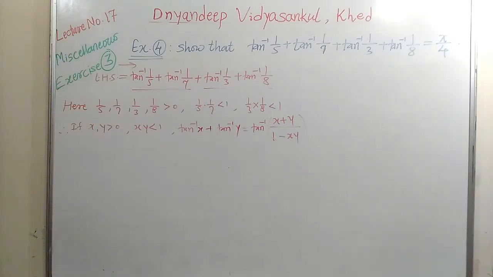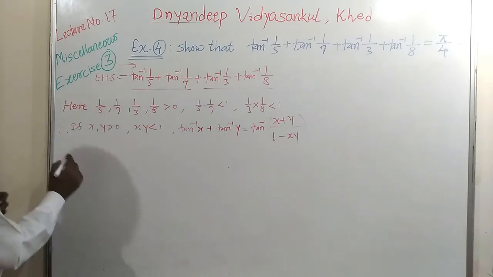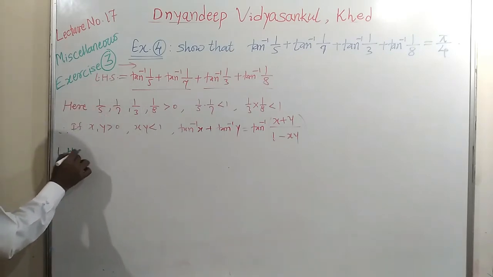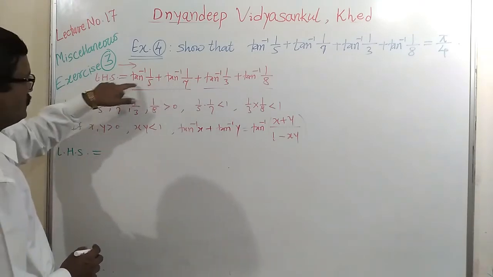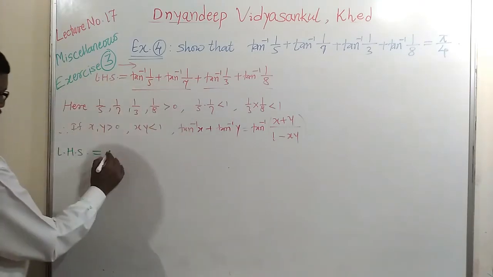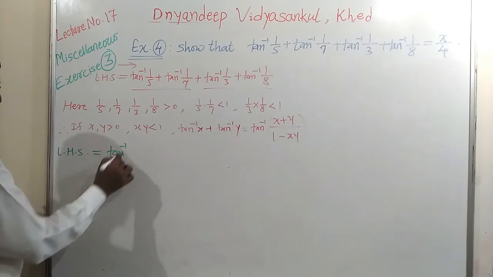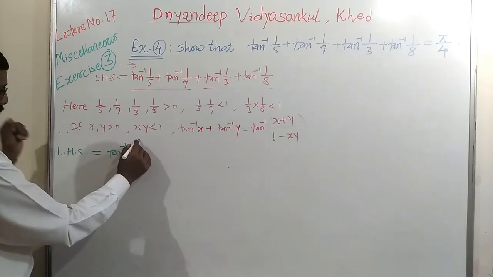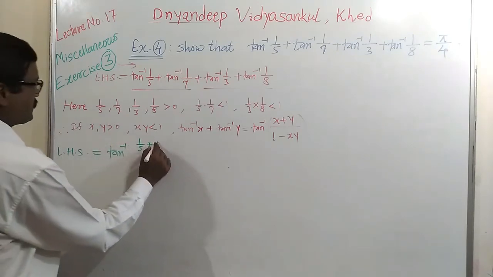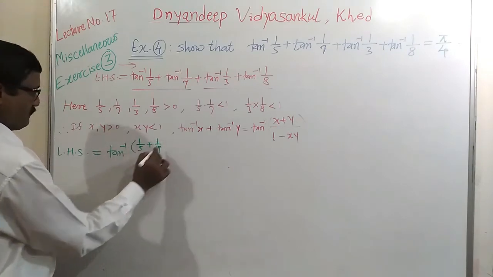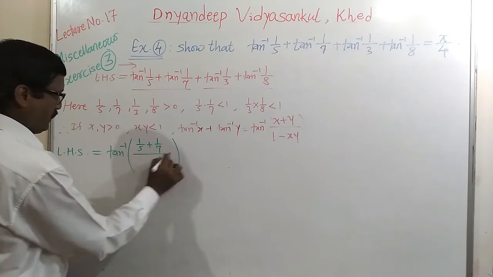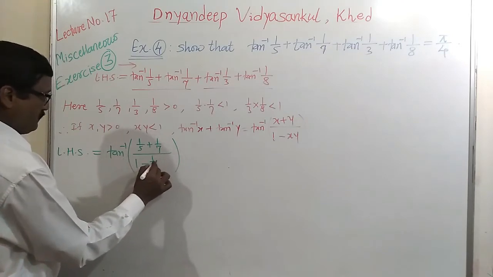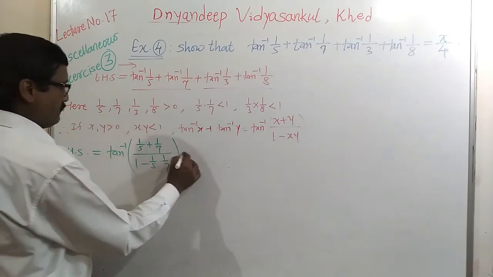That is the formula. Okay. So let us apply this formula now so that we get LHS from the first step. So LHS is equal to, for these two terms, tan inverse of 1 by 5 plus 1 by 7 upon 1 minus 1 by 5 into 1 by 7.